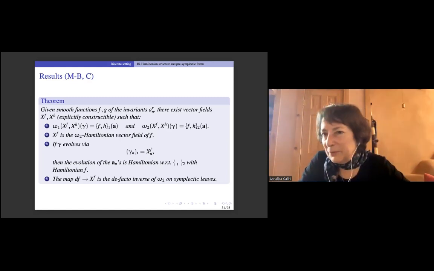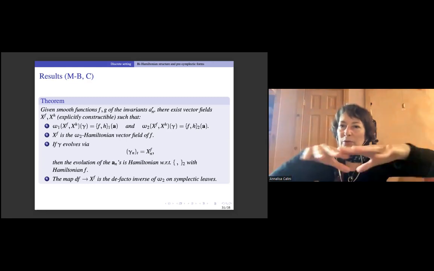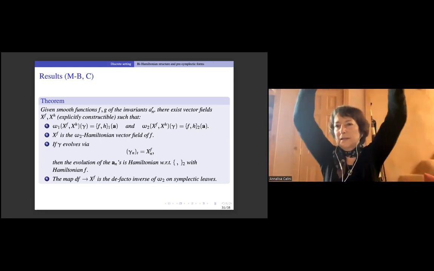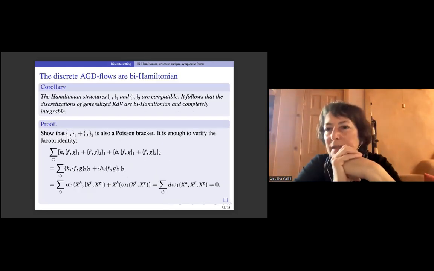Now, what we get with all of this machinery of lifting the Poisson evolution of the curvature to the symplectic structure on the space of curves is the compatibility of the Hamiltonian structures in a couple of lines of calculations in any dimension.